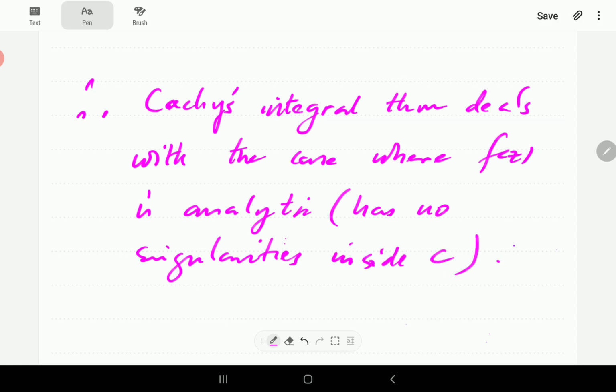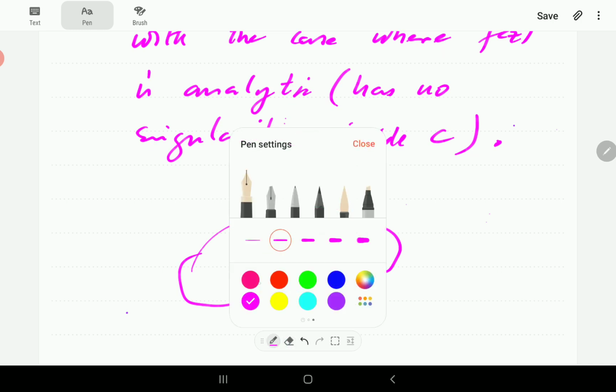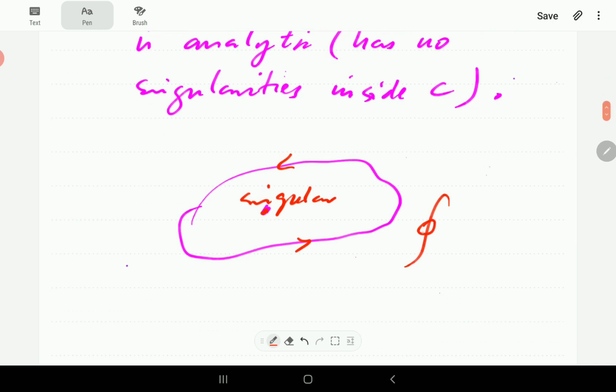our closed contour C. So that means as soon as we have a case where there is a singularity inside, so if f is singular at this point, then Cauchy's integral theorem is not going to enable us to evaluate an integral along or around this contour C. So we are going to be stuck.